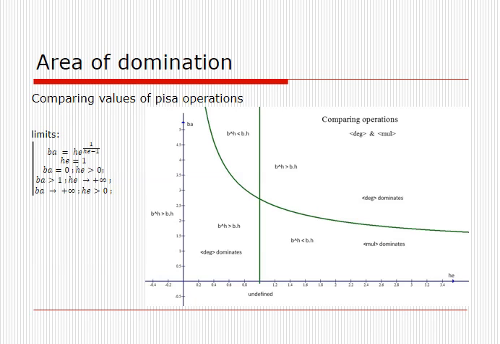The limits between the areas of domination of the two operations are given by these lines. What is interesting is that these are the lines and the areas between any two different Pisa operations. Thus, they are invariant of the level and are a feature of the Pisa sequence.